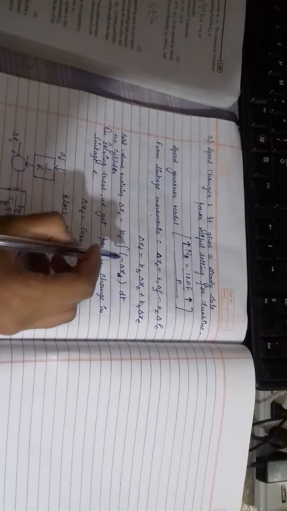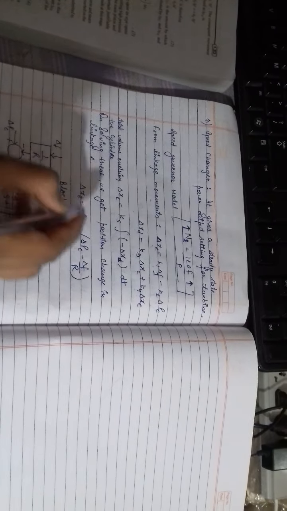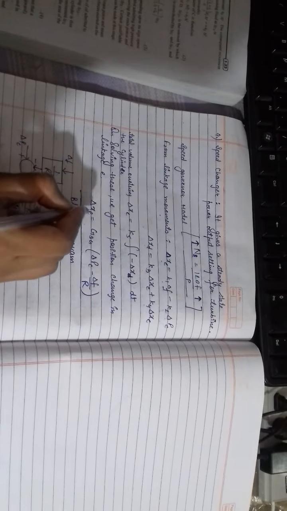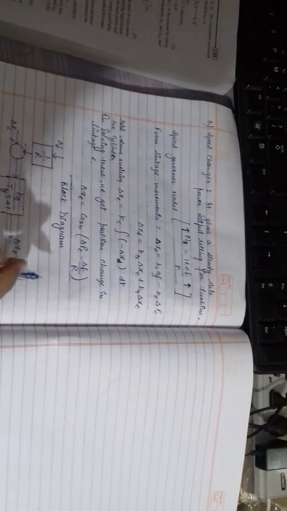On solving these equations, we get the position change in the linkage E, given by del xe equals Gsg into del Pc minus del f by R. Pc is the commanded increase in power and del f is the change in frequency.